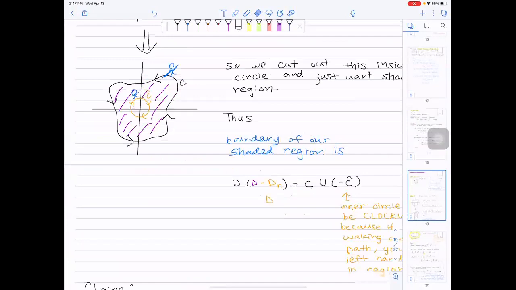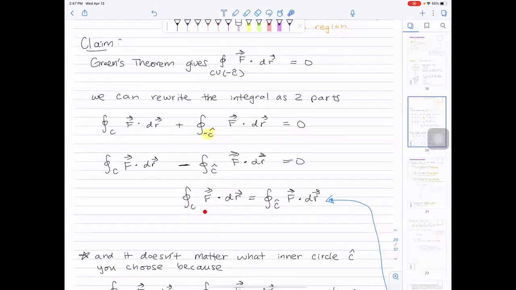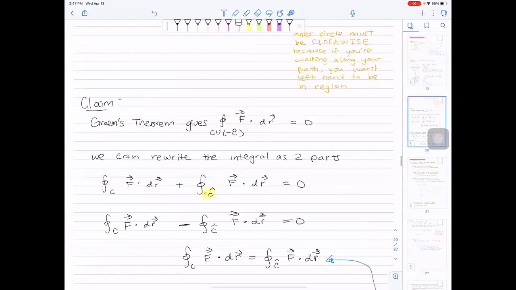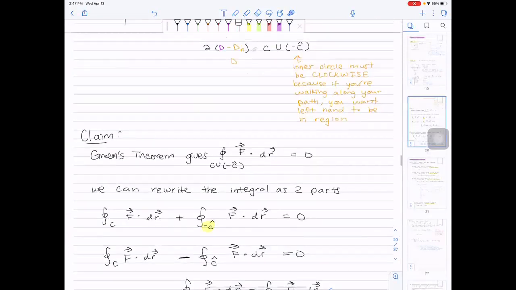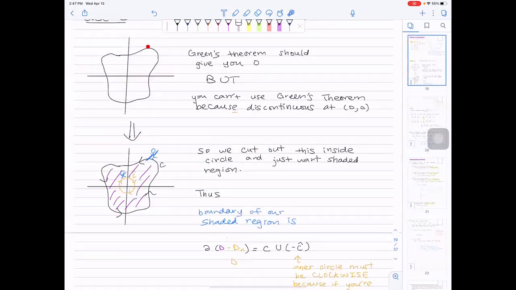Yes. So I end up getting that the integral of my big region with that discontinuous hole in it equals the integral of my orange circle. So if I can find the integral of the orange circle over the orange circle, then it will equal the integral of this entire thing.